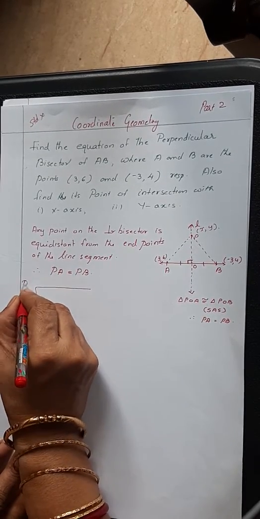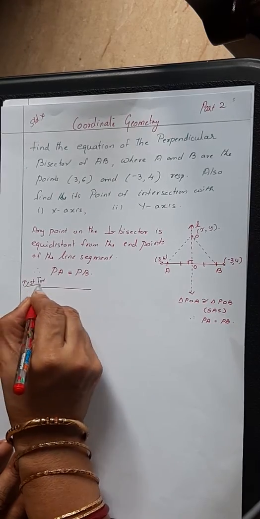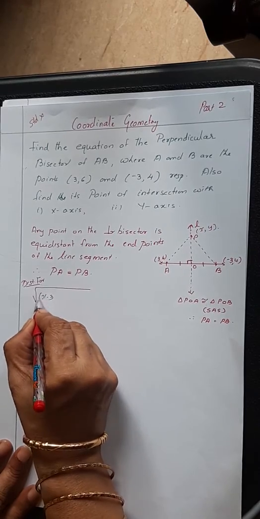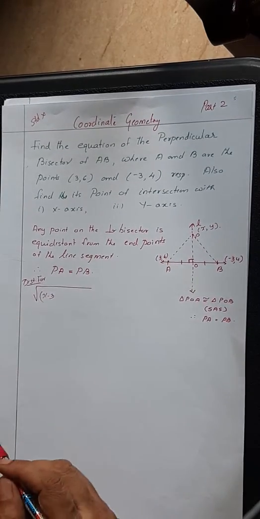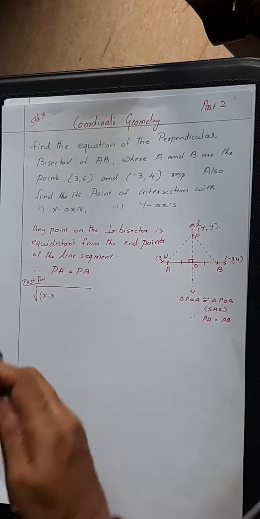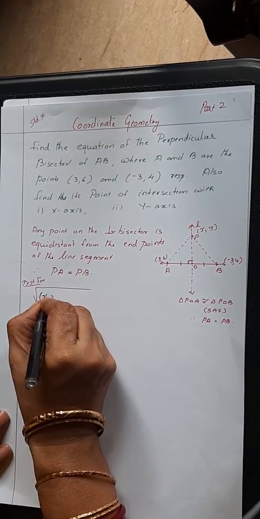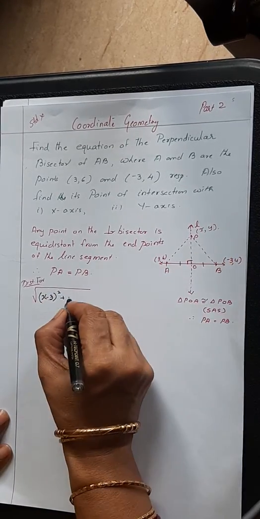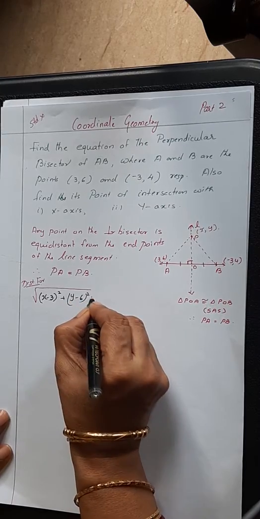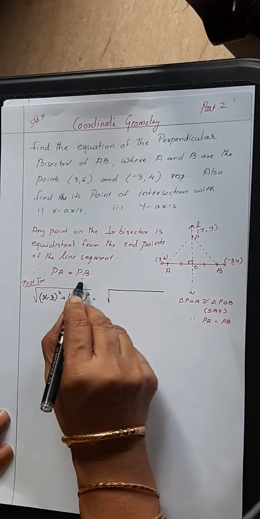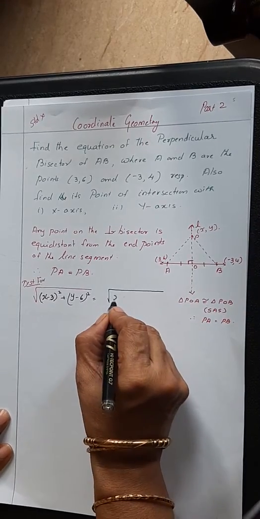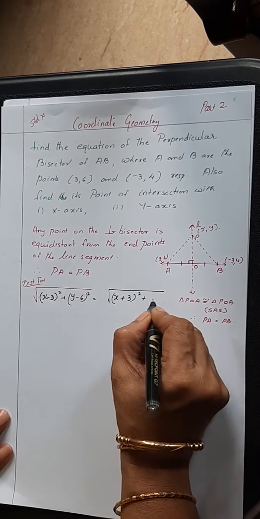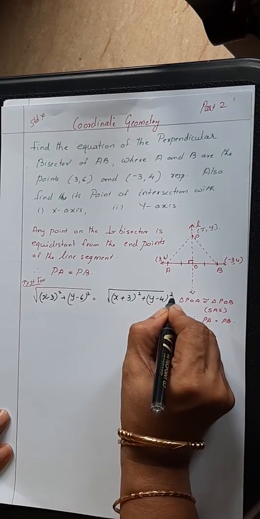So using the distance formula, PA is equal to root of (x minus 3) the whole squared plus (y minus 6) the whole squared, is equal to root of, now PB, (x minus of minus 3, which becomes plus 3) the whole squared plus (y minus 4) the whole squared.